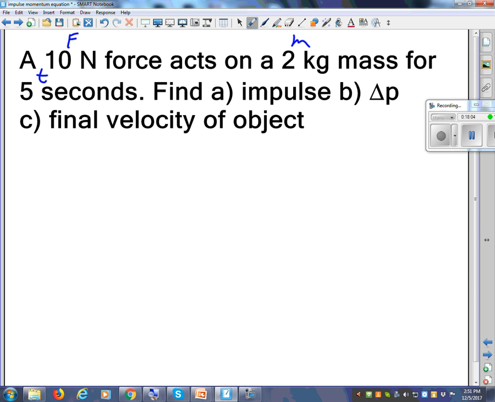Now, impulse, remember, was the left-hand side. So that's going to be J equals F delta t. J equals F delta t. It's just 50, right? It's 10 times 5.